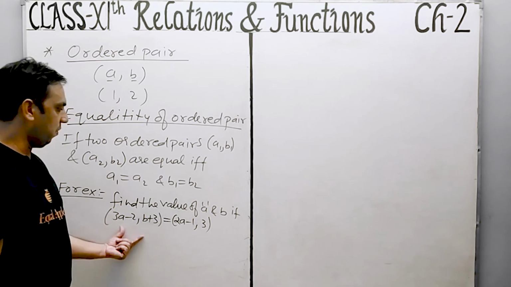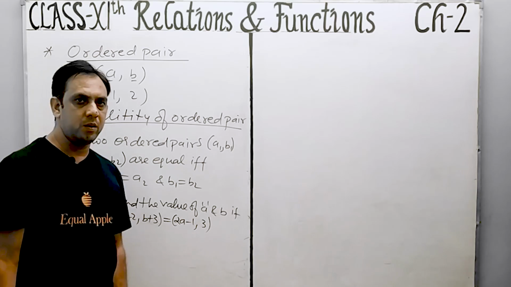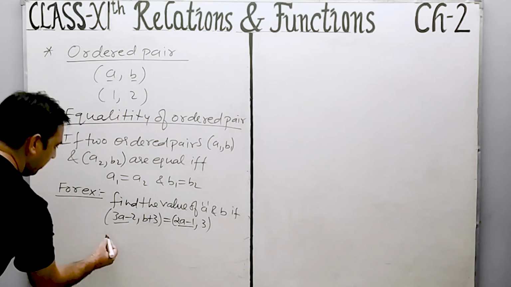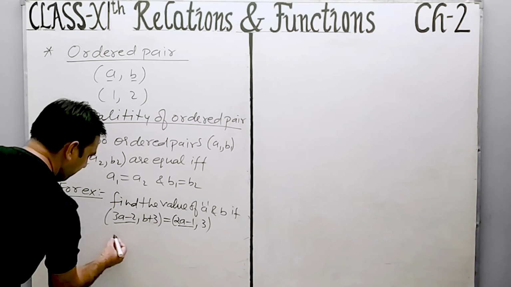Here, if two ordered pairs need to be equal, the first element should be equal to the first element of the other ordered pair.